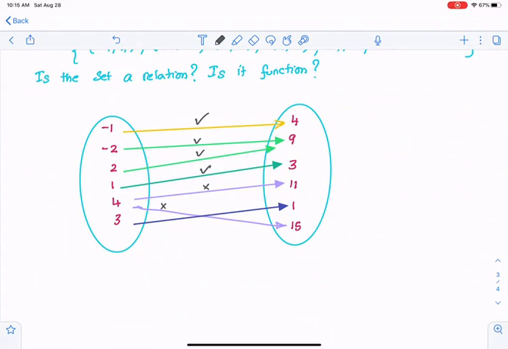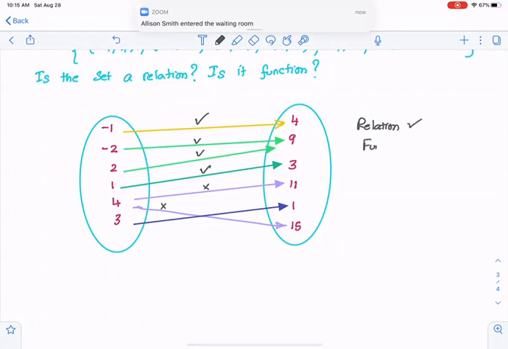And 3 goes to 1, and that wouldn't be a problem because it is 1 to 1. So here, what we have is a relation but it is not a function.